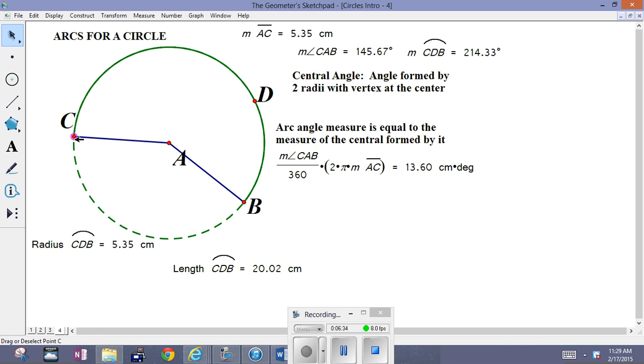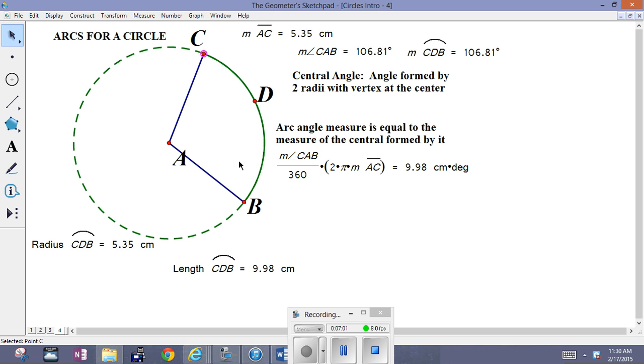Minor arcs, less than 180 degrees, only need two letters to be named. They're equal to the measure of the central angle. A semicircle is the arc which is 180 degrees. It needs to be named with three letters, three points on the circle. Major arcs are in excess of 180 degrees, and they also need to be named with three letters.